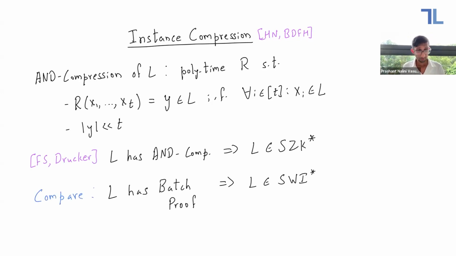And what we show, similarly using similar techniques, is that if a language has a batch proof, which again is sort of like saying I want to do this kind of AND compression, but for the witnesses, with statistical soundness, this implies that L has an SWA protocol. Right? So that is parallel to that. It's not a coincidence, because we use very similar techniques as well. But yeah, if you're interested in these things, these are other papers to look at, which do similar things as well.